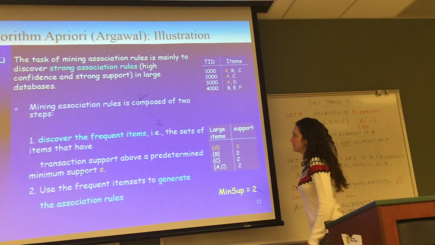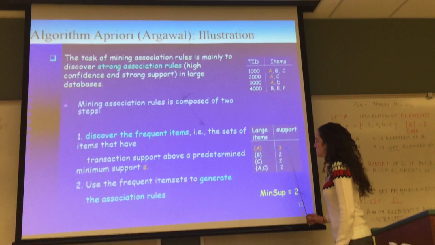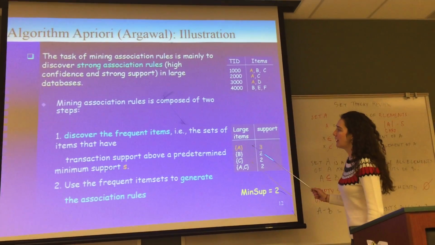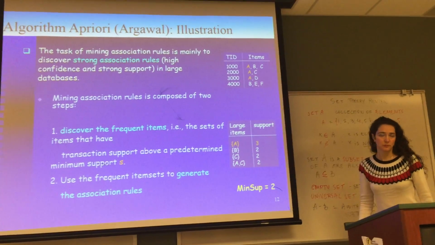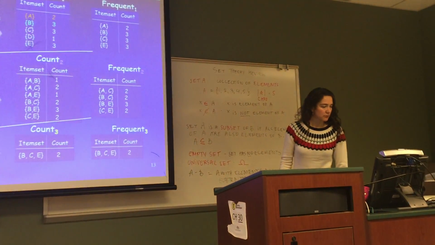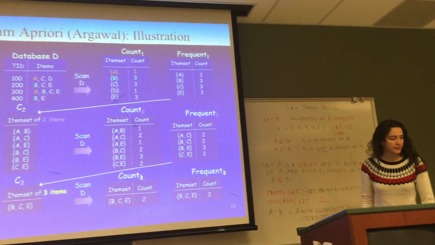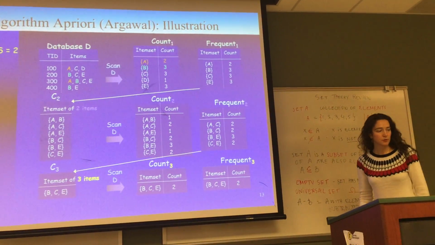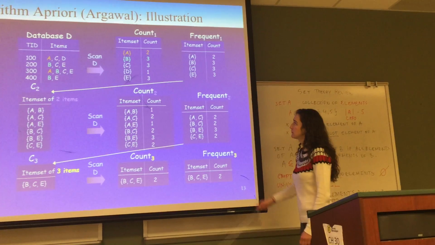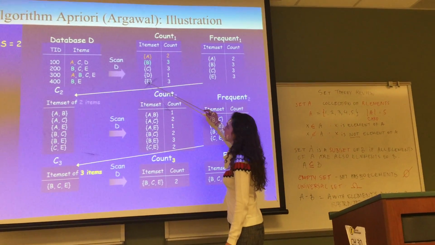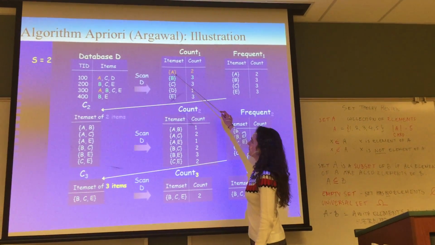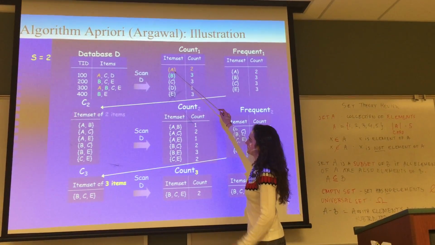First thing we do, take sets of single items. These are called single item sets. So we will take each item in a separate set and count the number of times that it occurred in the data.